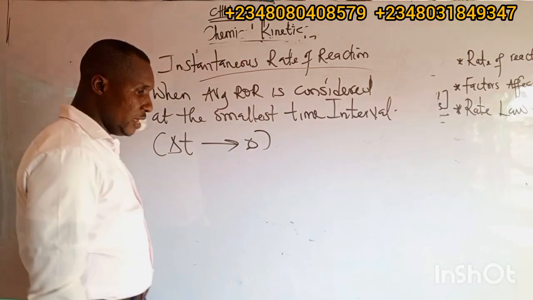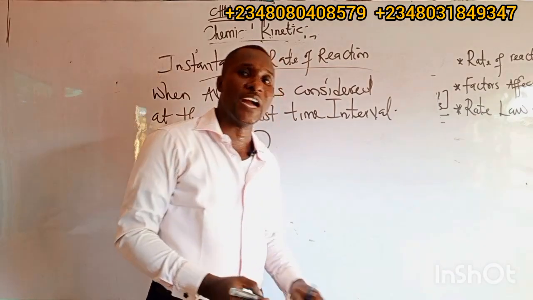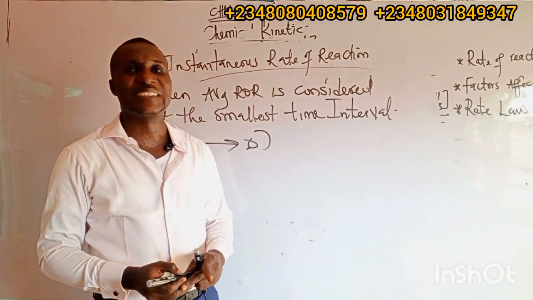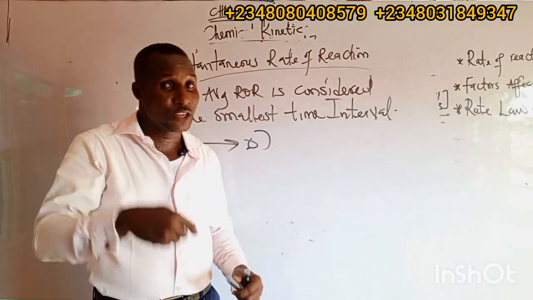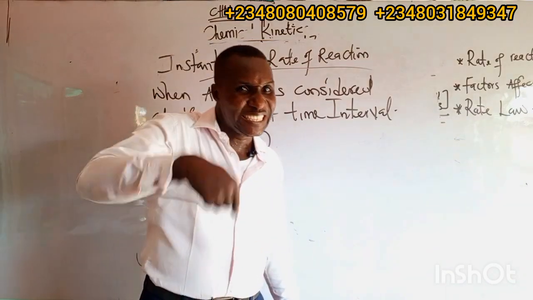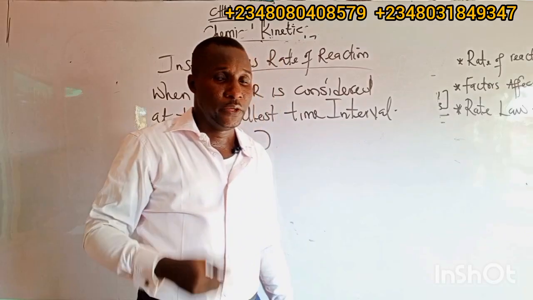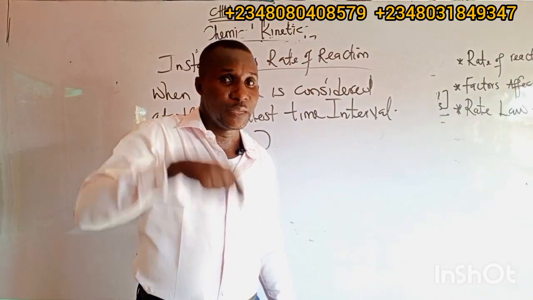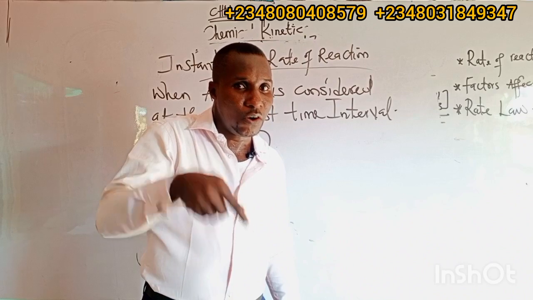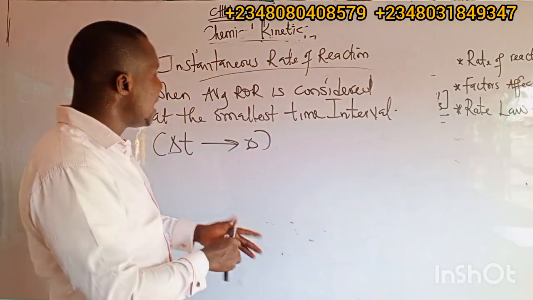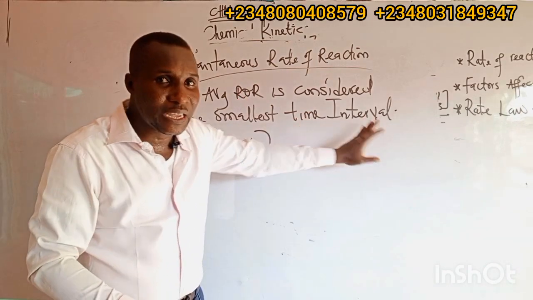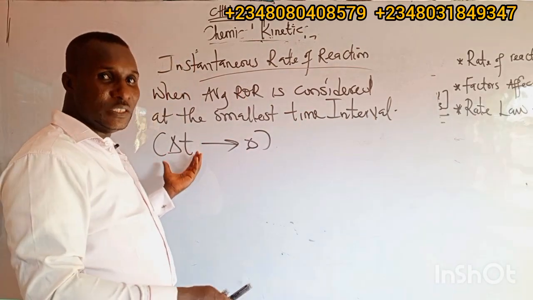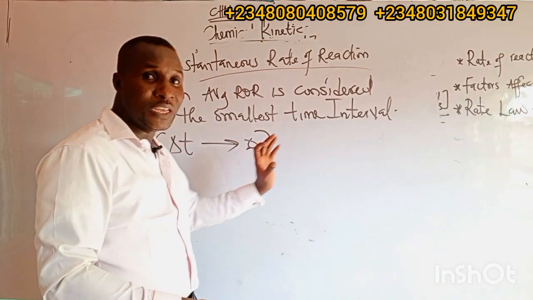Take note of that. That means the rate of a reaction at a particular instant of time. When you consider the average rate of reaction at the smallest time interval, the change in time is tending toward zero.